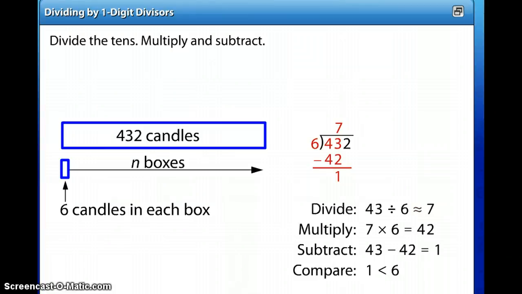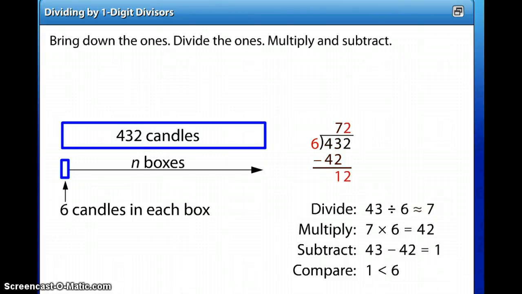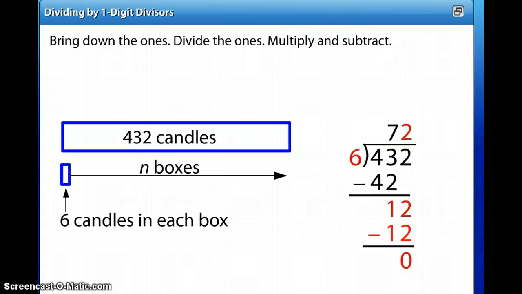Dylan? You bring down the 2. You bring down the 2 from the ones place. Good job. Bring down the ones. Divide the ones. Multiply and subtract. What are we dividing right now at this point? Aaron, do you know what we're dividing since we've brought down the 2?